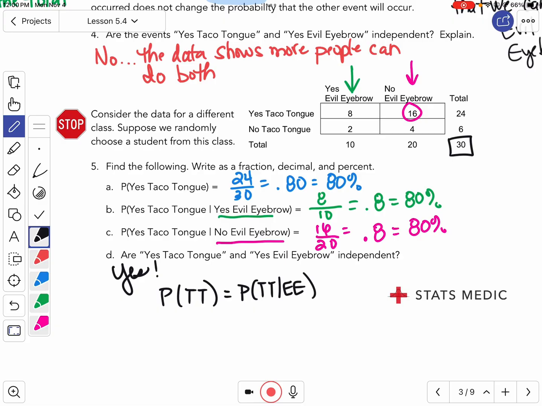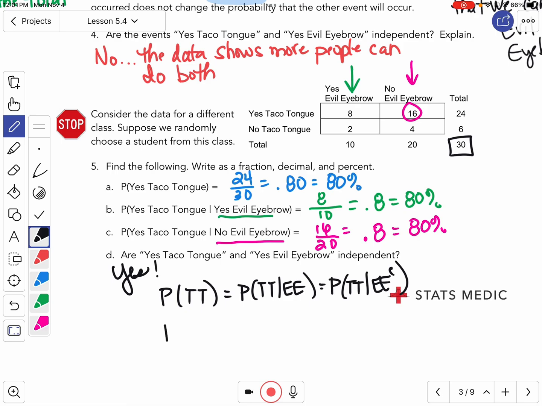But it also has to equal the probability that I can taco tongue given that I can't evil eyebrow. How do we say not? Do you remember? With little c. So if those three probabilities are equal, then those events are independent. That's the mathematical proof for that.